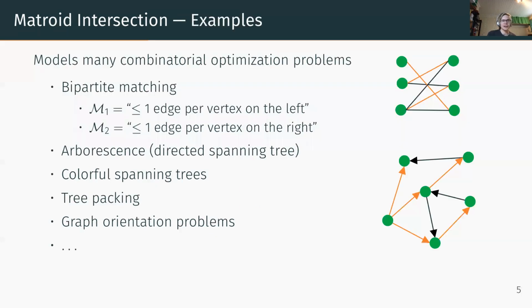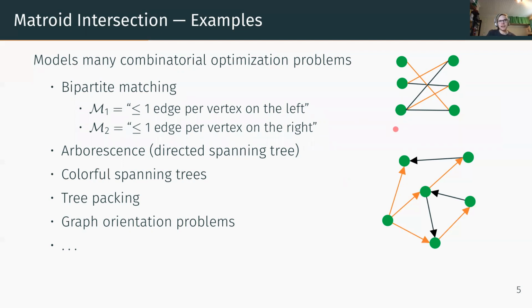Okay, so it turns out matroid intersection models many combinatorial optimization problems. These include bipartite matching, finding arborescences or directed spanning trees, colorful spanning trees, some tree packing, and some graph orientation problems. Let's look at the bipartite matching case as one example.